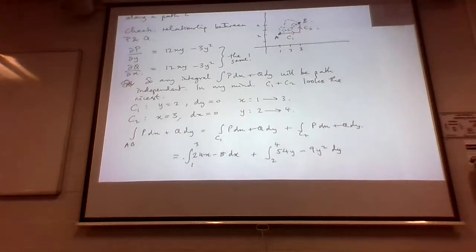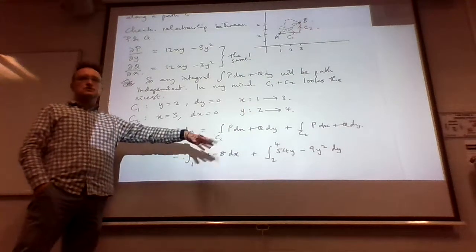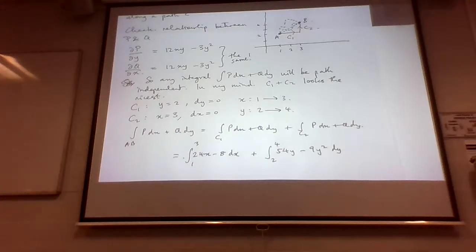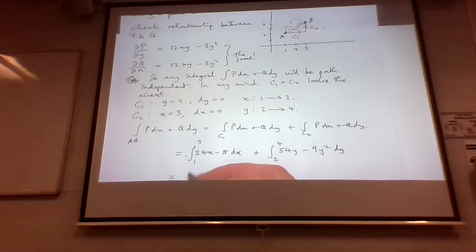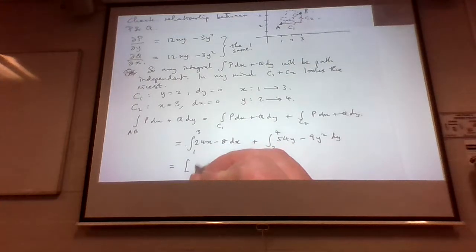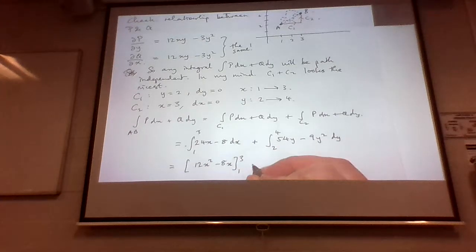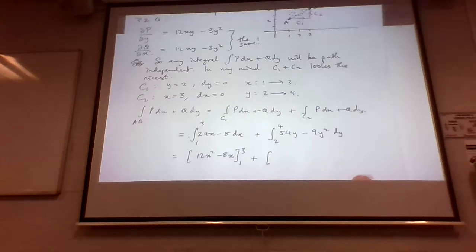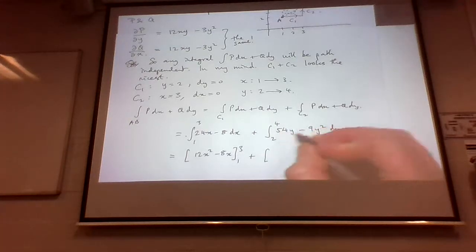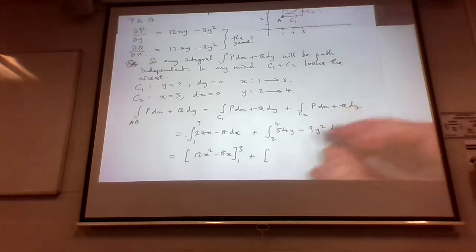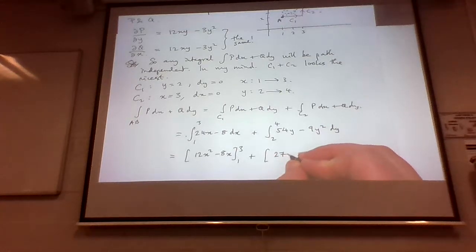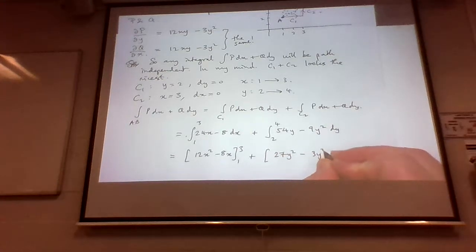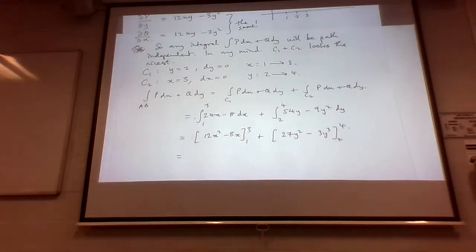And so now our integral of our linear differential form is reduced to just 2 regular single variable integrals, which we should do without much bother. So that's 12x squared minus 8x, evaluated at 1 and 3, plus 27y squared minus 3y cubed, evaluated at 2 and 4.